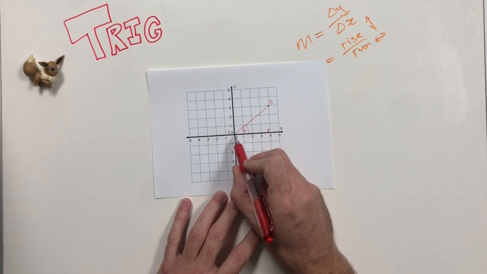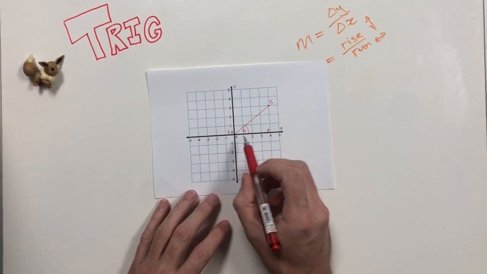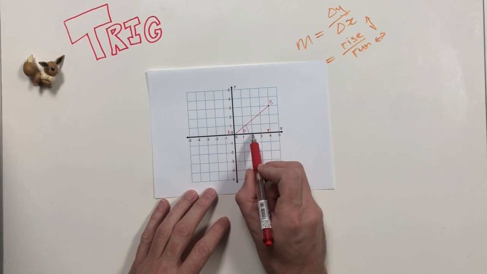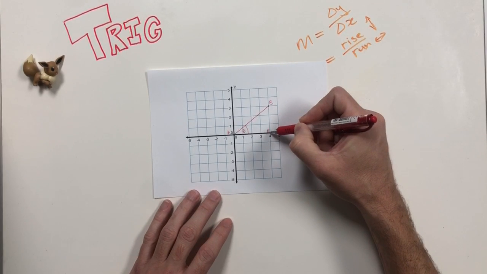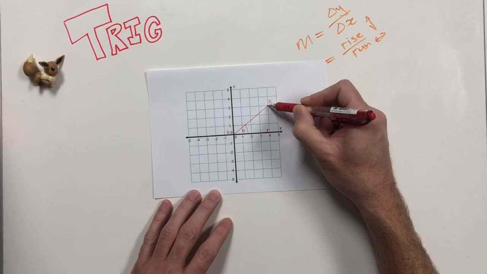So if I wanted to find out how much I ran, it would be this distance, and how much I rose would be the distance from here to there.